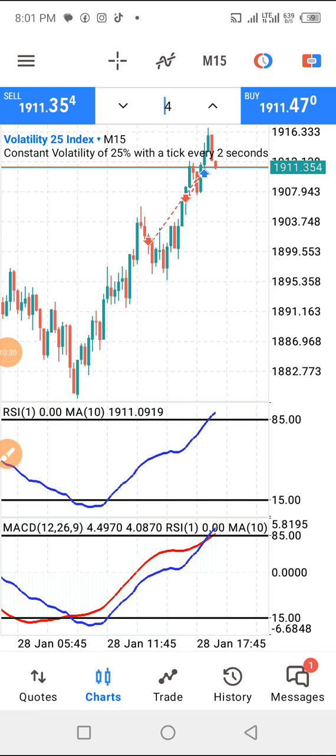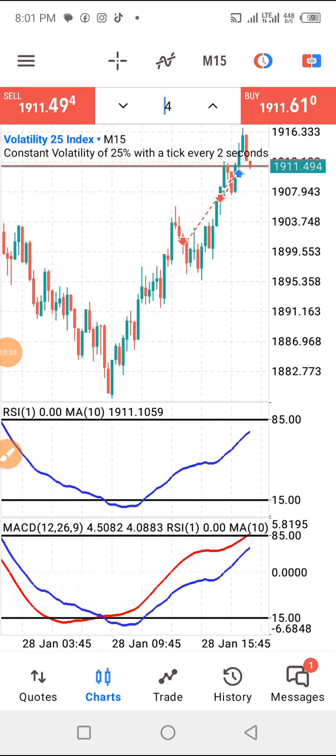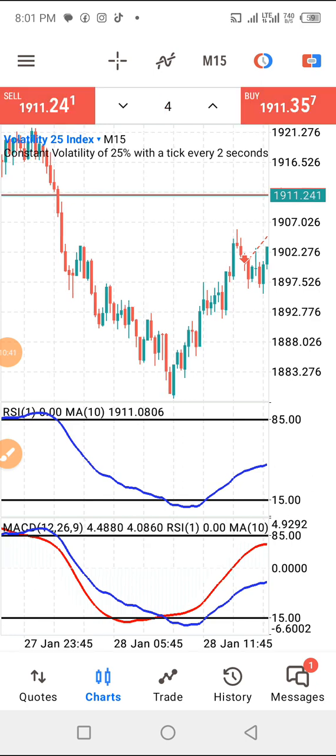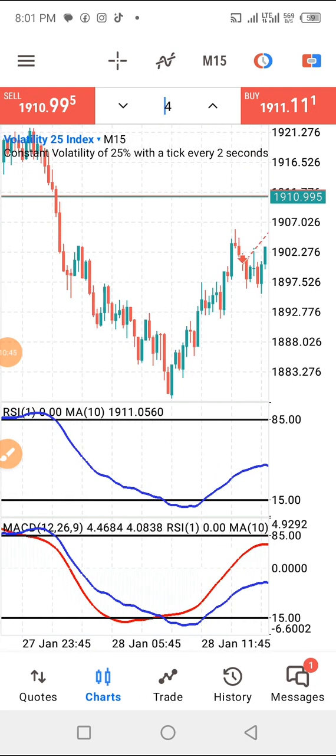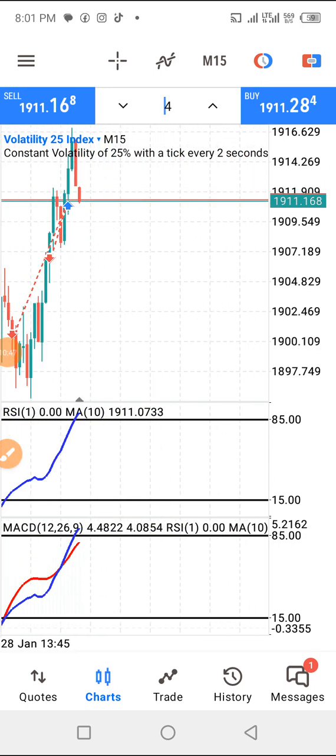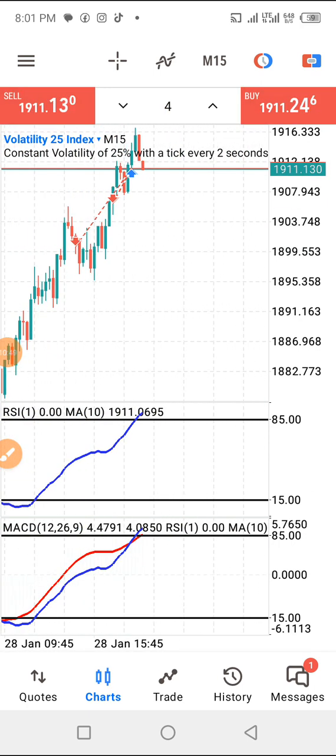So I would suggest, at least from the look of things, to use it on the volatility indices. I use it on volatility 50 mainly, but try it on volatility 50 and volatility 75. Sometimes volatility 10. So you can try it. Then also wait for the setup on the boom and crash indices.